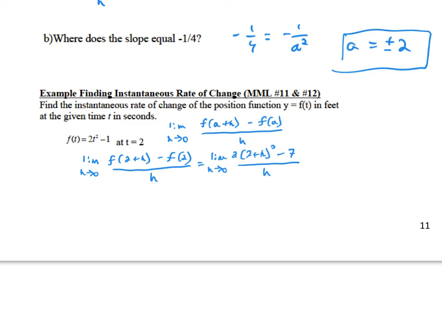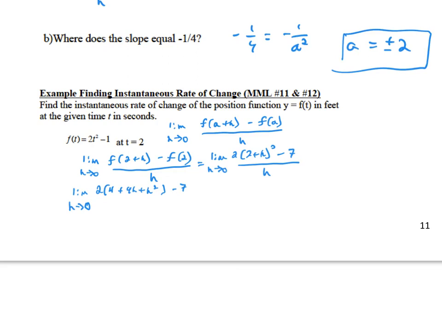Okay. Once again, a little FOIL. And let's see what we can find out here. So this is going to be 2 times 4 plus 4h plus h squared minus 7. Something went amiss here. Where could I have gone wrong?